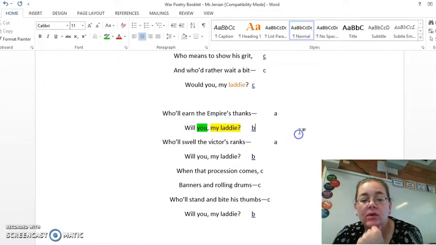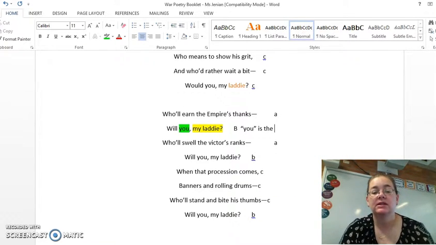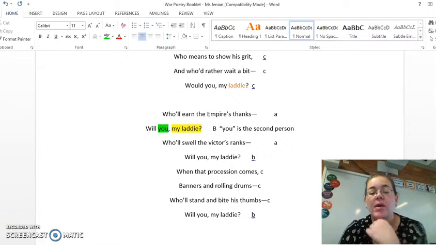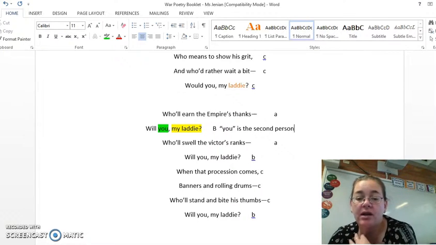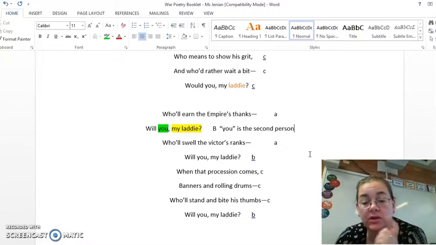So, you is the second person. Remembering the first person is me, I, third person is he, she, second person in the middle is you. So you singular. Okay? So that repeated use of you and my laddie. These are things I would note as well.